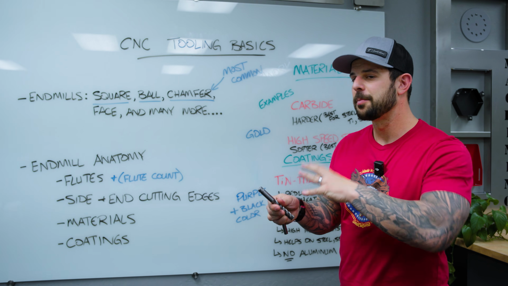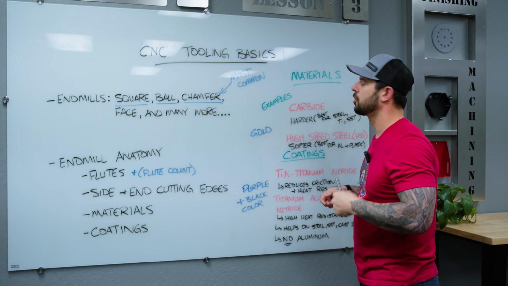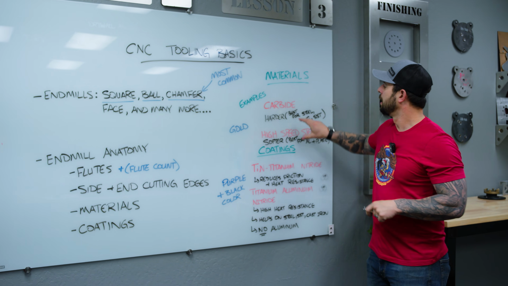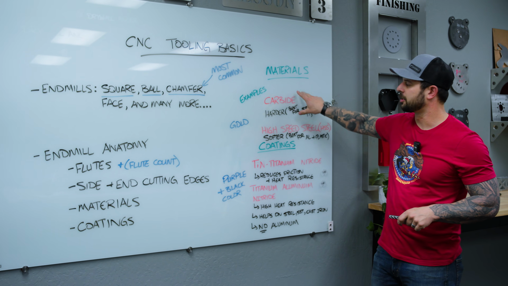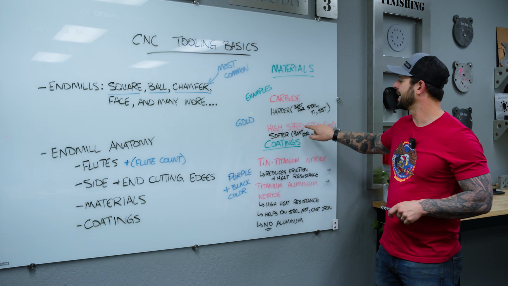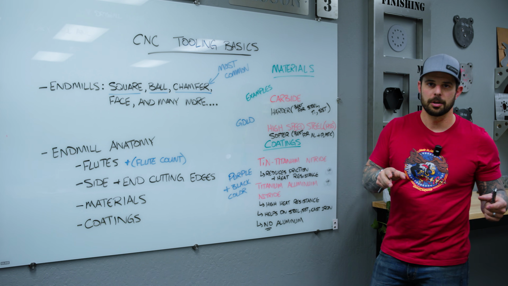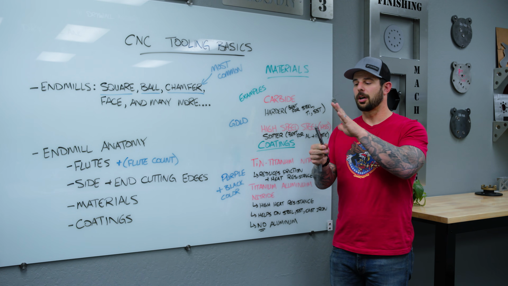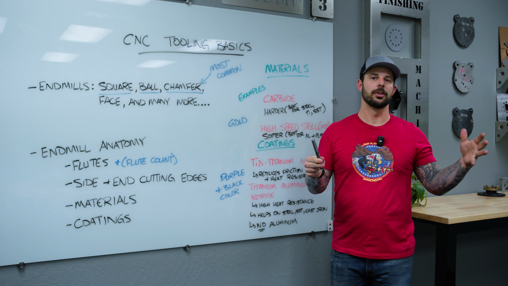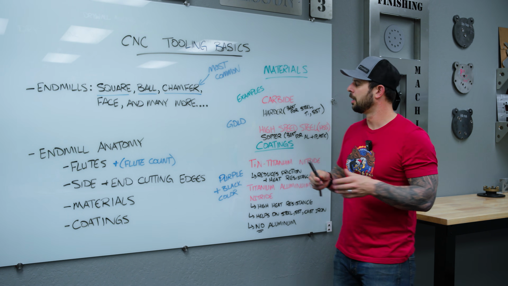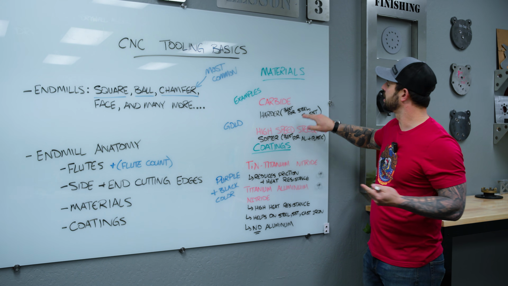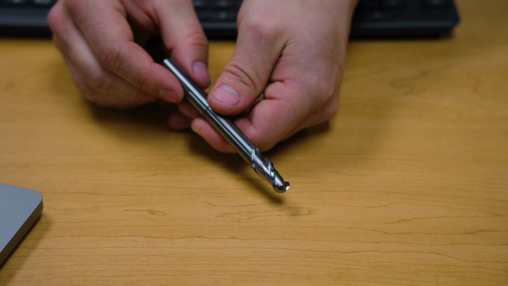Now, the type of material in which our end mill comes is also very critical to what material you can make your parts out of. Two of the most common materials, and these are just examples, are carbide and high-speed steel. Carbide is a very hard material, and the rule of thumb is that we need our end mill to be harder than the material in which our parts are going to be made out of. Since carbide is so hard, it's best for use in steel, titanium, and stainless steel.